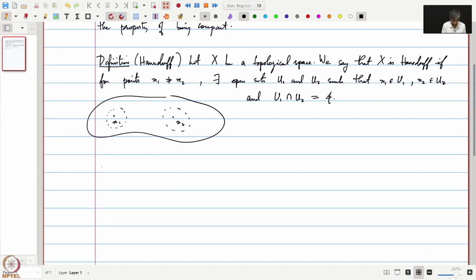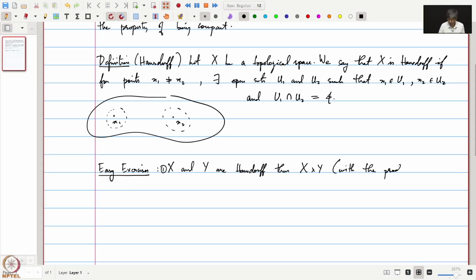Okay, so here are some easy exercises. If X and Y are Hausdorff, then the product X cross Y with the product topology is Hausdorff.